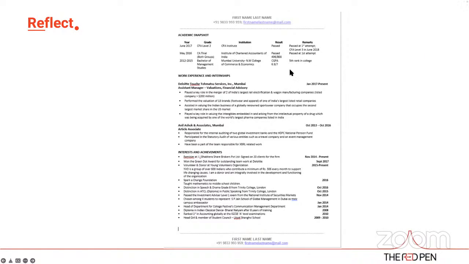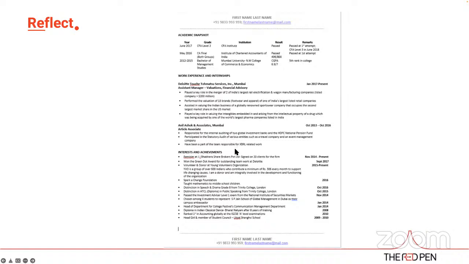Do you have anything to say about the resume? Yes, definitely. First of all, the font on the resume is very small. I would like to make it more concise so that it is easily viewable, and use shorter sentences.